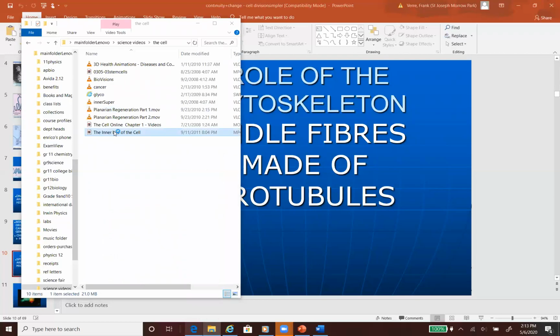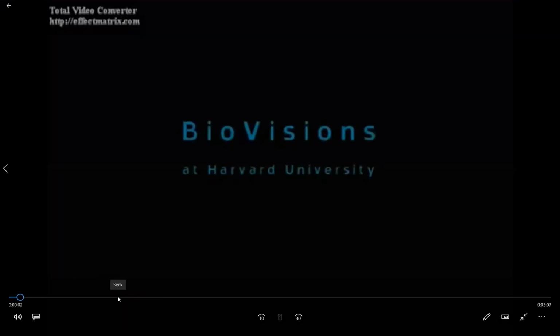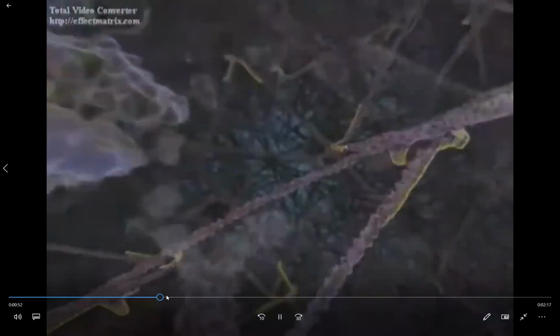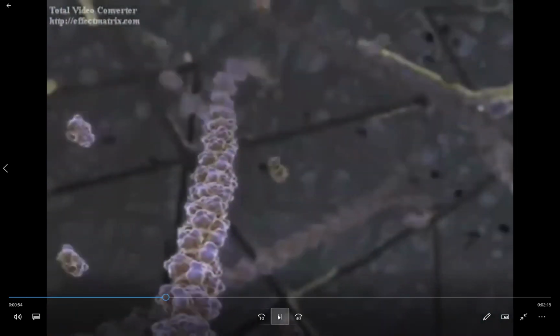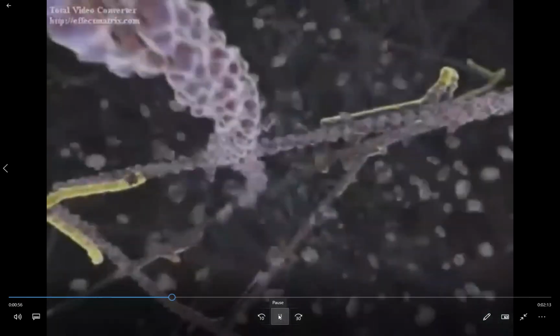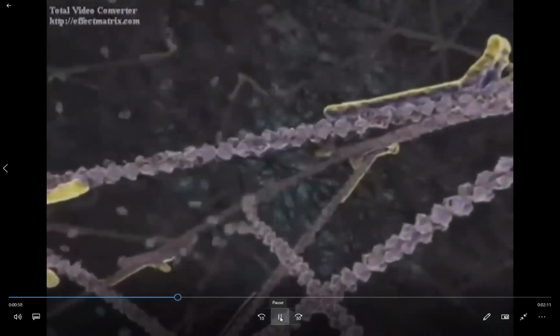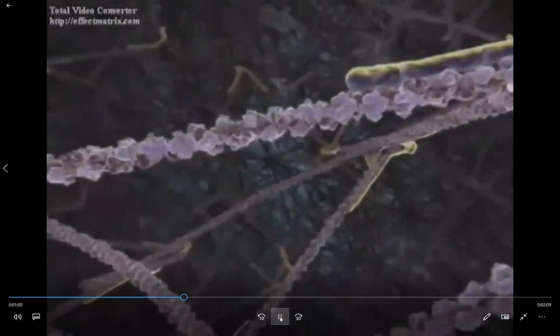There is a specific part I want you to notice, right about there. This is, if you remember, the cytoskeleton, and you can see here it's forming.